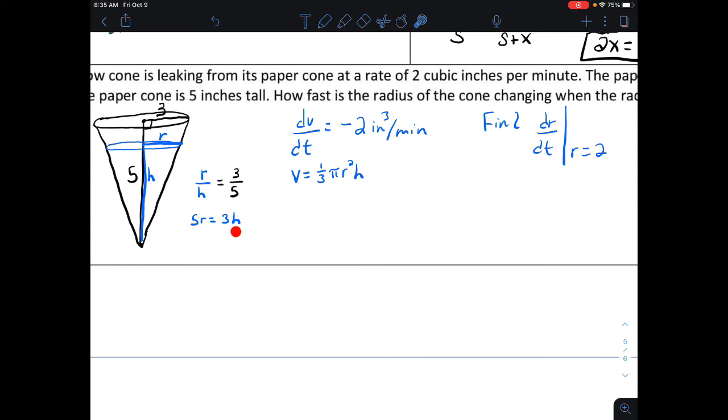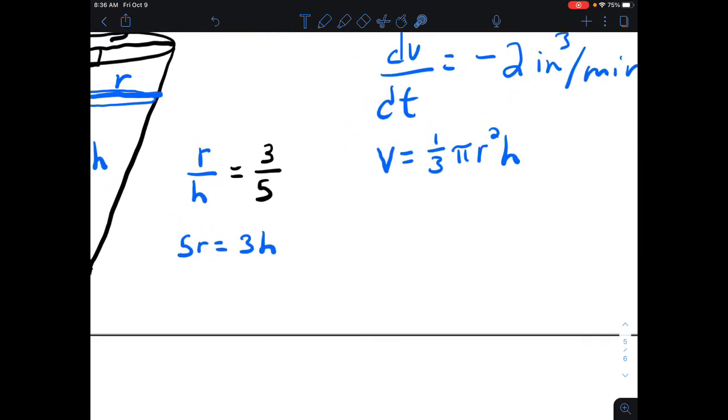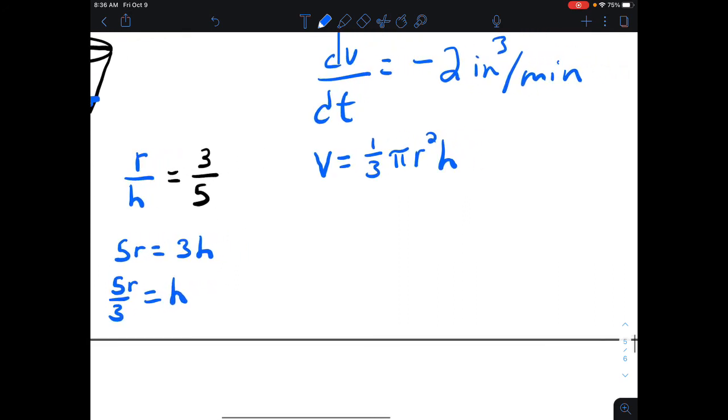So we're going to use this ratio equation that we came up with, and rewrite it as h equals, so that our formula doesn't have an h in it, it only has r's. So I'm going to divide by 3, and so we have 5/3 r is equal to h. And we're going to substitute that and rewrite our volume formula.